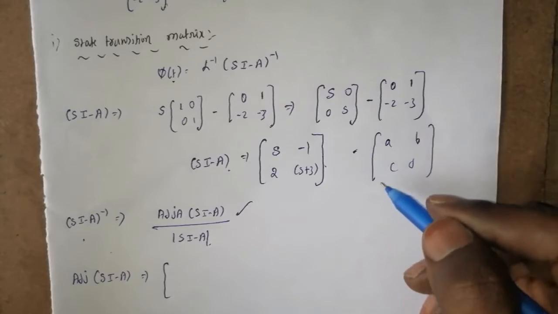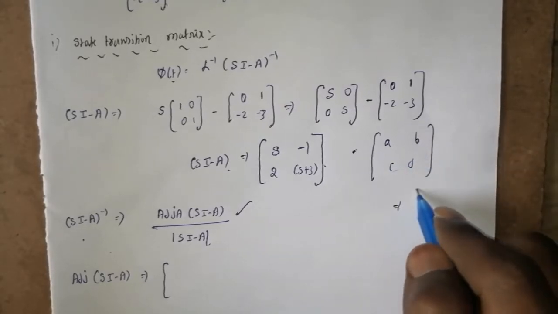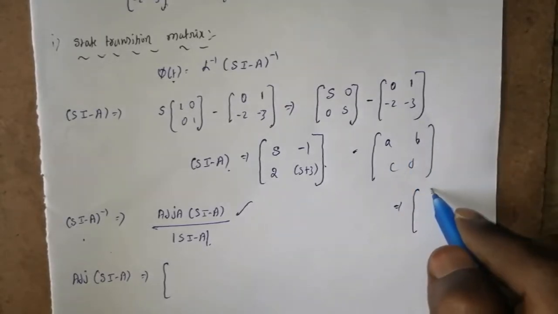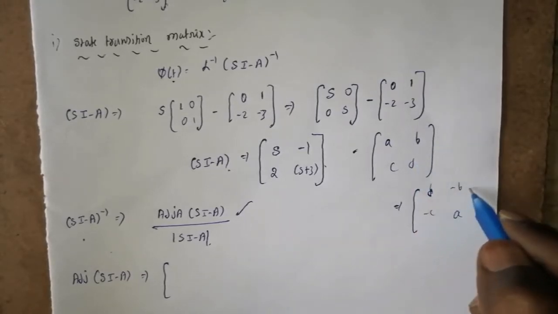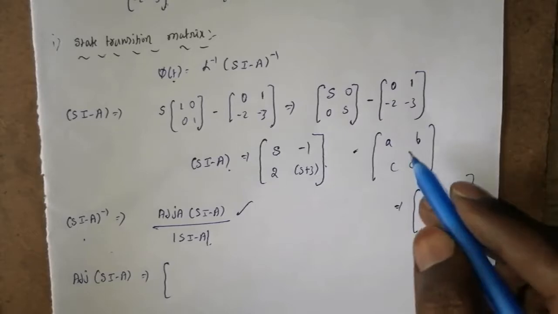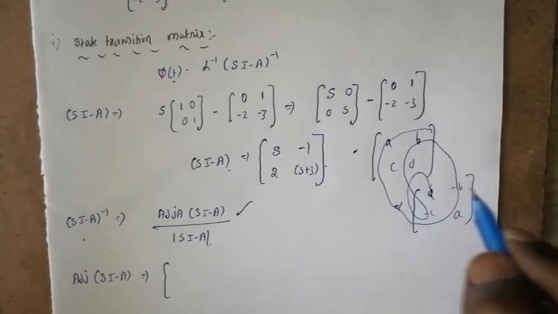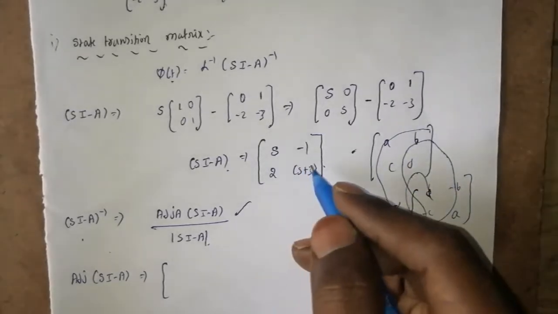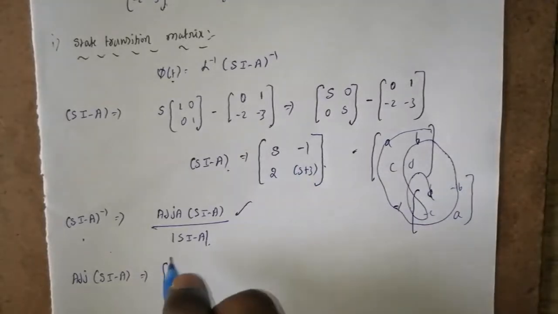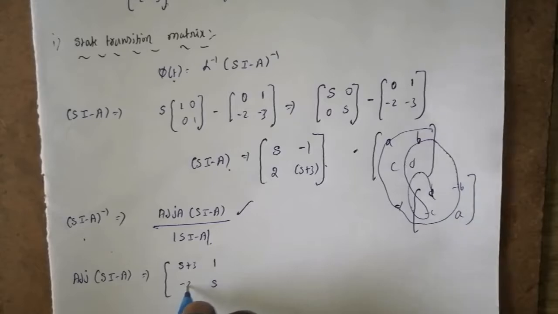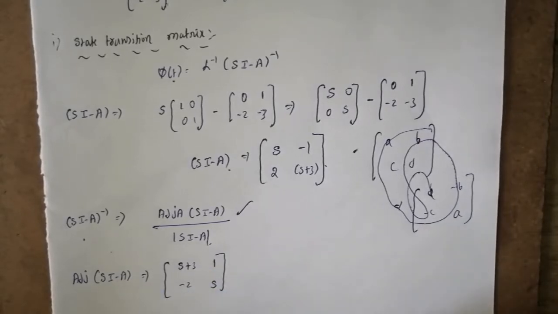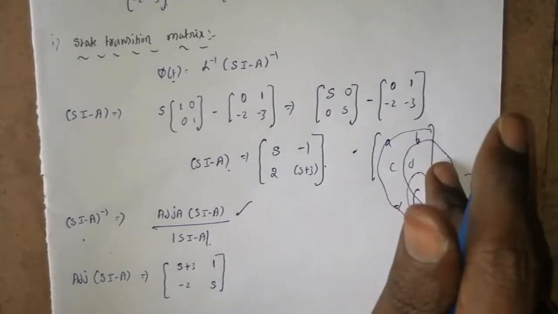To find its adjoint, swap a and d, and multiply the remaining entries by minus, giving minus b and minus c. From this, the adjoint is [s+3, 1; -2, s]. This is the adjoint by this method.